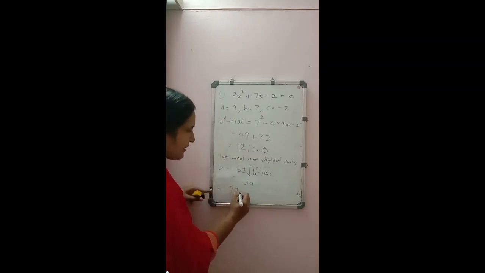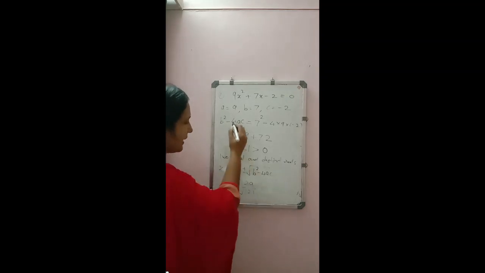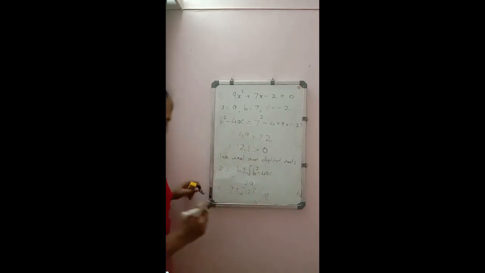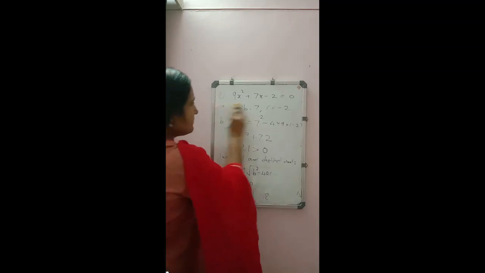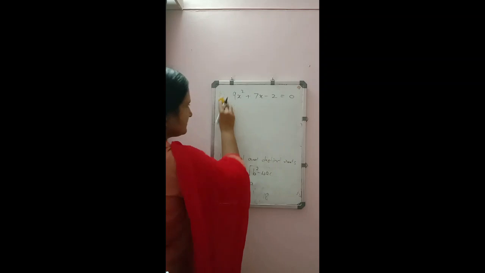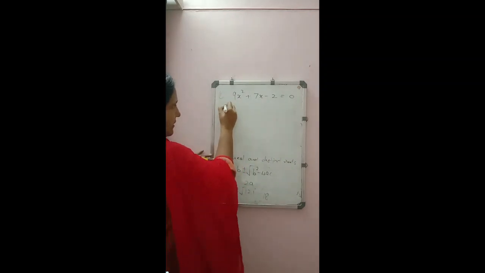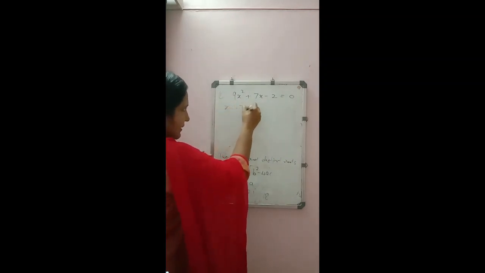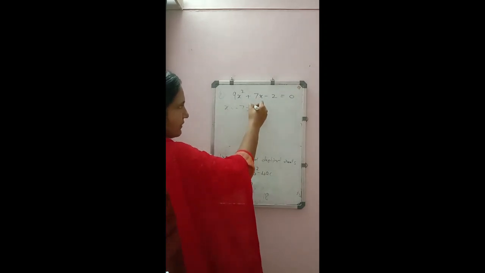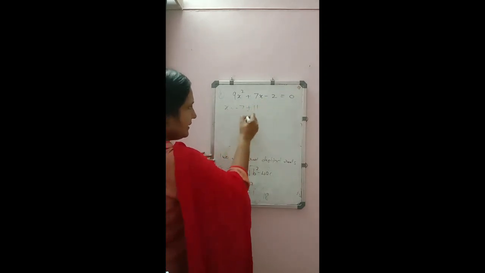So minus 7 plus or minus square root of 121 by 2 into 9, 18. We'll simplify it. Then x is equal to minus 7 plus or minus square root of 121, which is 11, by 18.